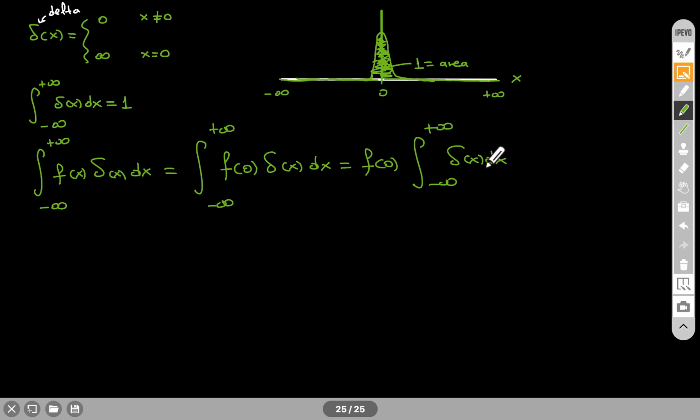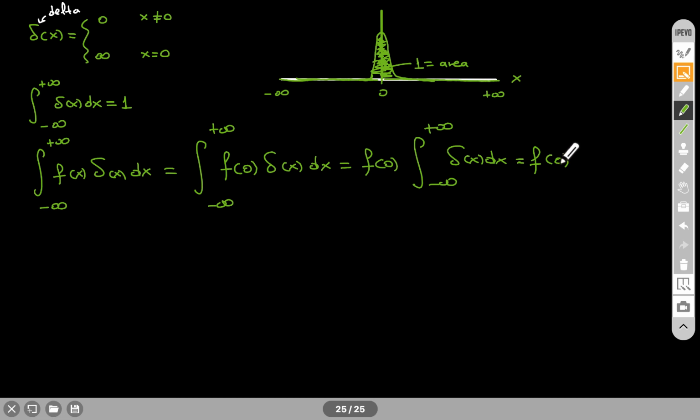But as I said before, by the definition of the delta function, this is 1, so this gives you the value of the function f at 0. So the delta function has the property of picking out the value of the function f at 0. Now, it doesn't have to be 0.